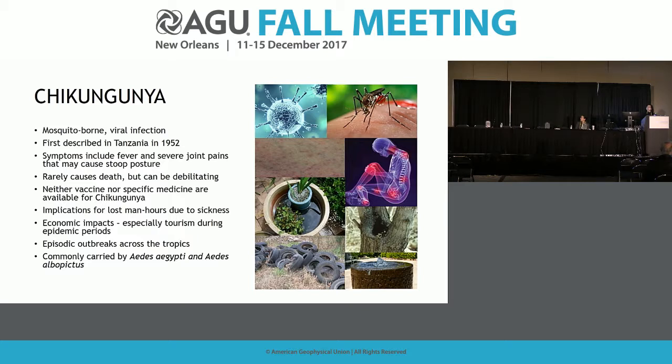The disease is commonly carried by Aedes mosquitoes, Aedes aegypti and Albopictus. They usually breed inside water containers, such as flower pots, tires, or trees where there's standing water, and also water fountains surrounding the houses.